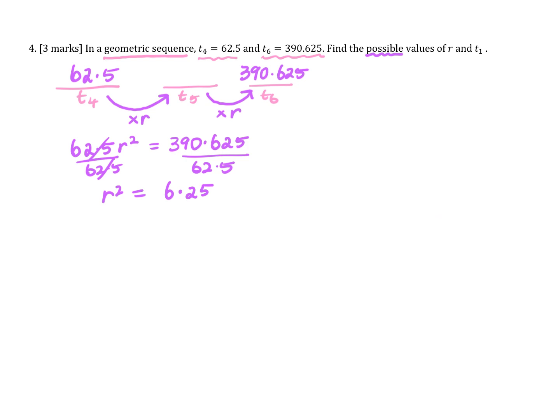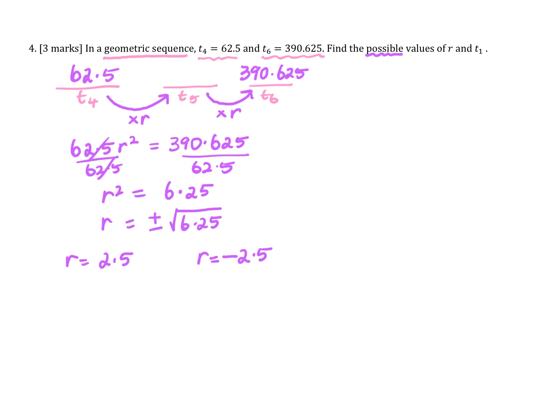So here, if I've got r squared equals 6.25, r is equal to plus or minus the square root of 6.25. So we've got 2 options here. Square root of 6.25 is 2.5. We've got r is 2.5, but we've also got r is negative 2.5, and these are both absolutely valid solutions.